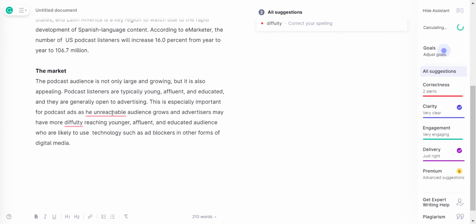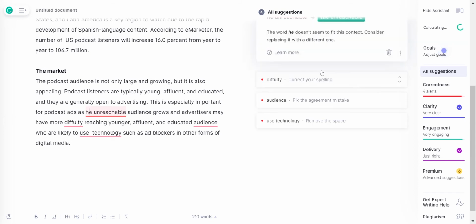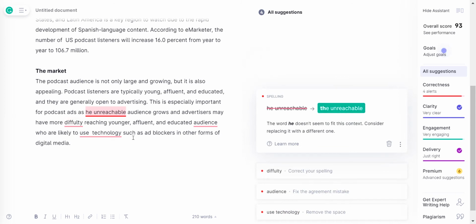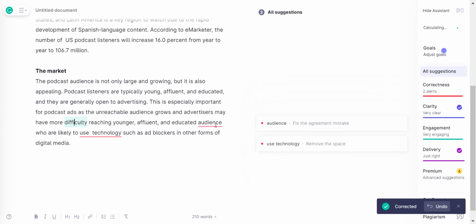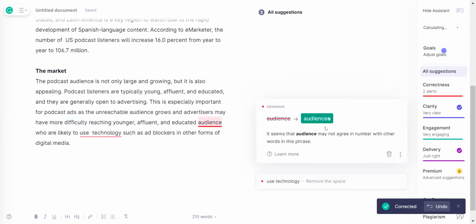So let me clean up here. As you can see, all the spelling mistakes that I've made here. This is the good thing about Grammarly. Just make sure that your business plan is looking professional and up to par.